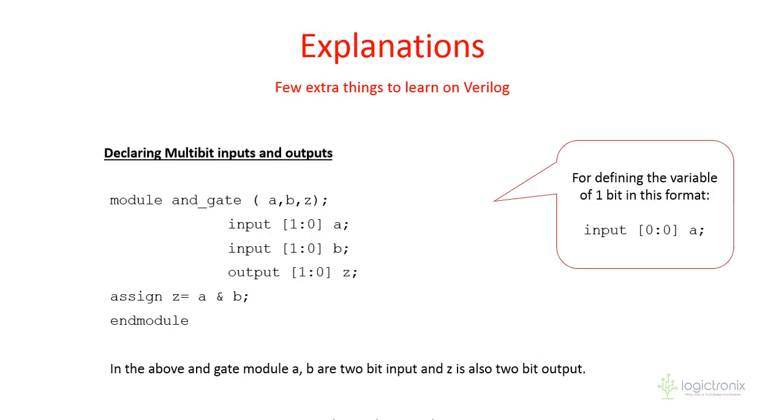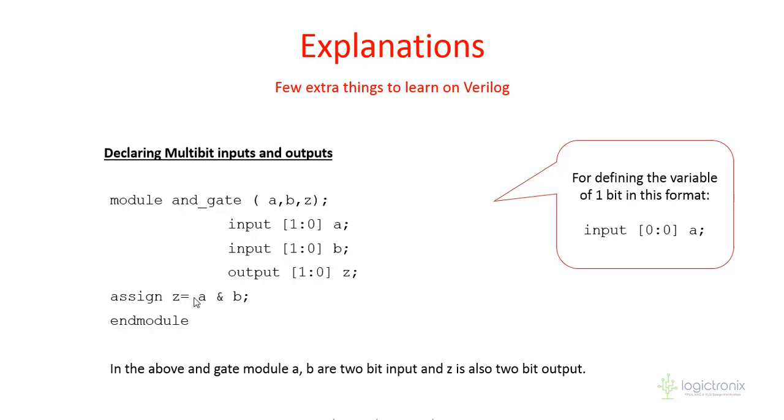And if we want to declare multi-bit inputs, here we have an example for exactly the same module, AND gate. Module AND gate, with ports A, B, Z, and input with the width or size of our vector definitions, and A is the variable name. So A is a 2-bit input, B is a 2-bit input, Z is a 2-bit output.